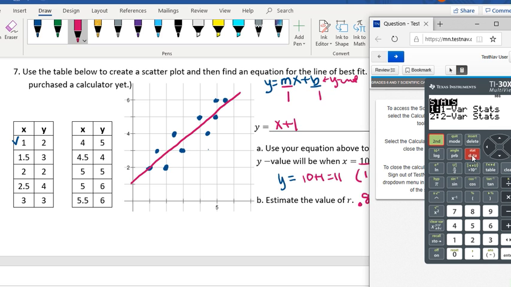So second, data, and I'm on 2-variable stats. Hit number 2. Do not hit number 1. Enter, enter, enter.